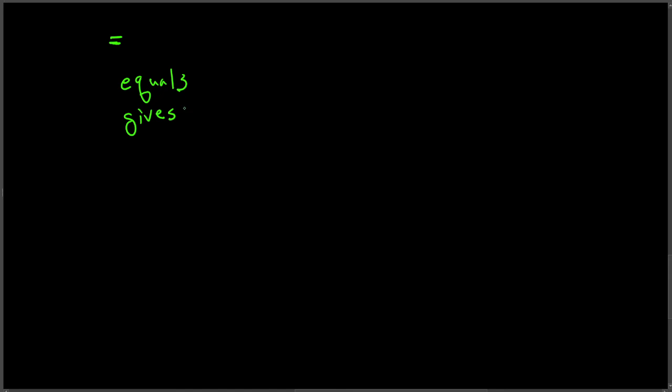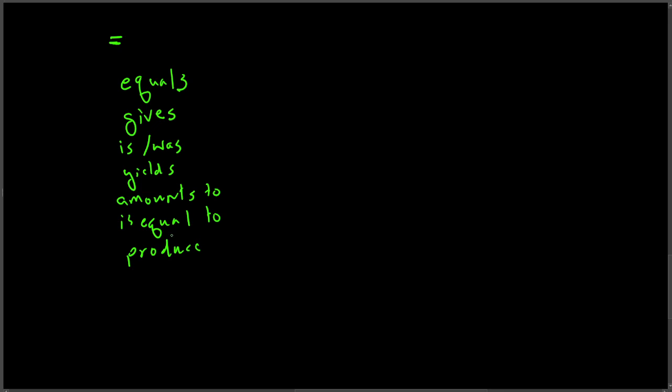We'll use gives in that. Is and was do the same thing as equal. Yields, amounts to, is equal to, produces. All of these help generate what are clues to an equal sign.